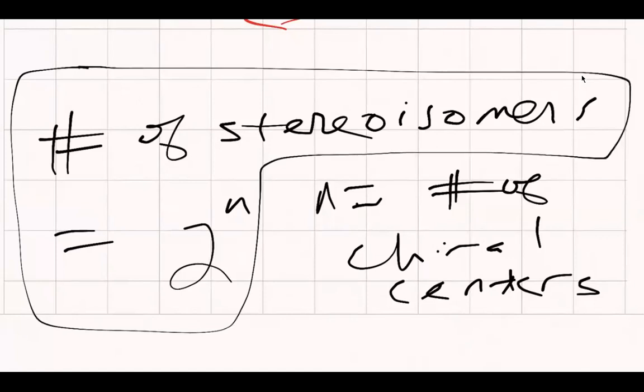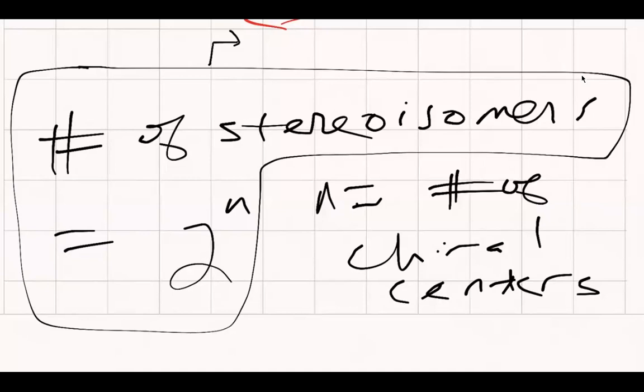So 2 to the n. And then a stereoisomer is what? Somebody help me out. I think that was in the first video I sent. It has the same structure, but a different 3D orientation. Different 3D orientation, right? And what gives it the 3D orientation?